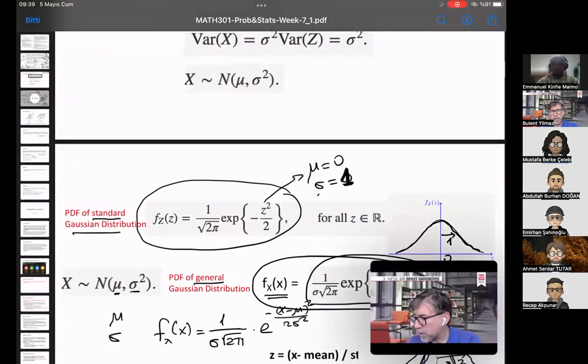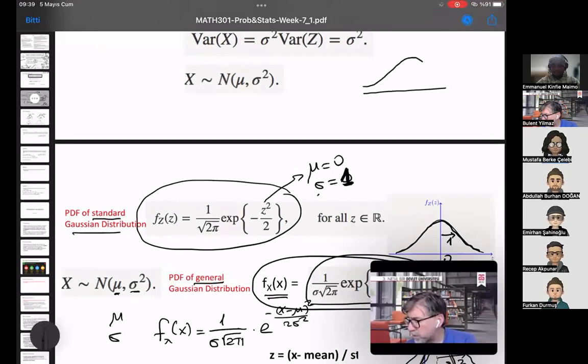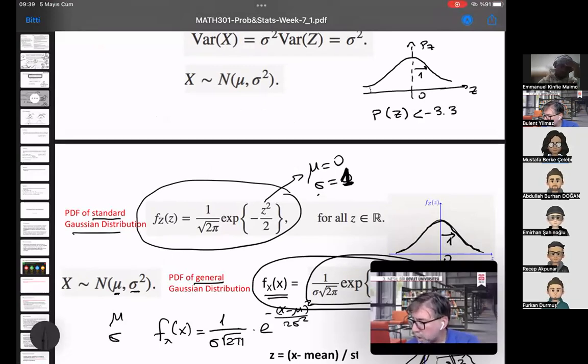Okay, let me show you here. So we have a distribution like that, and it is, let's say, 0 mean and 1 variance. If I want you to find the probability of Z being less than minus 3.3, what does this mean? This is minus 3.3, and the probability is the area under this curve, right?